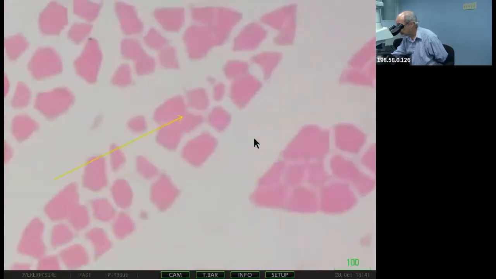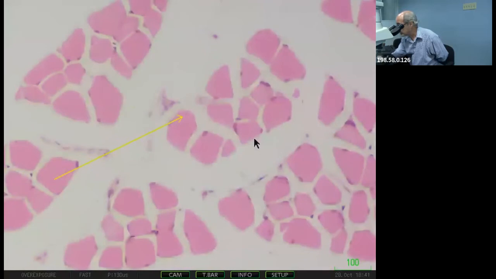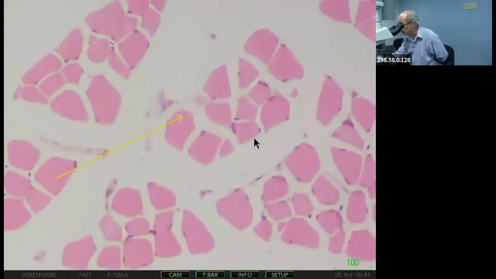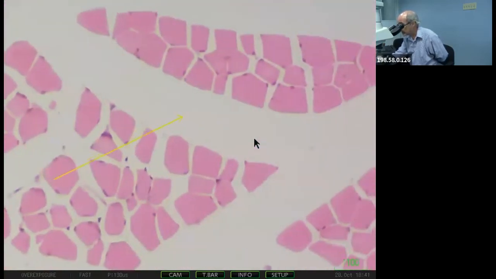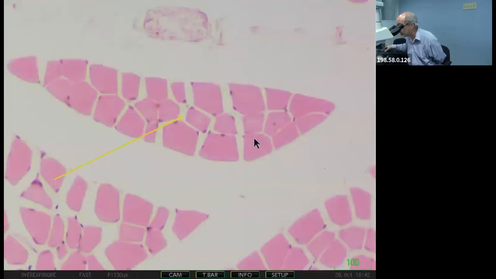Now, if we go here, you have a transverse section, and on your transverse section, you see the shape of your skeletal muscle fibers. You can see your nuclei at the periphery, and the small dots are nuclei.